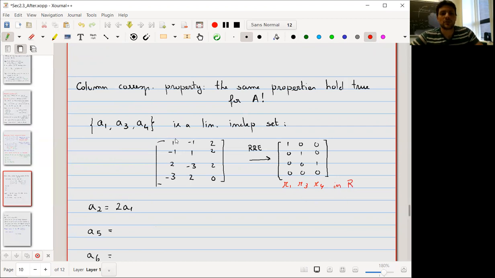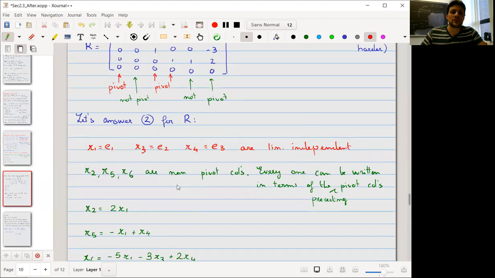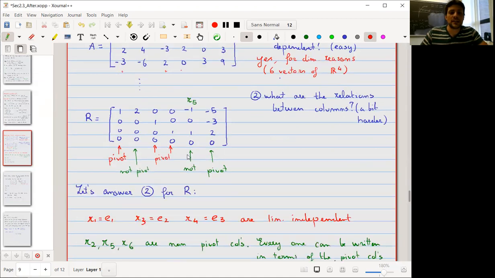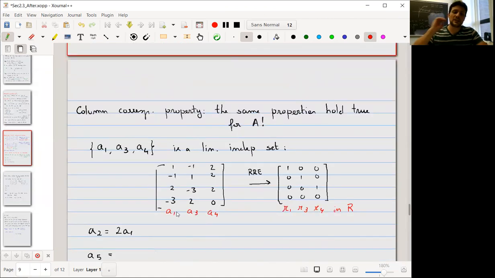The reason why this is true, we can check it immediately, is that if I cooked up a matrix that only had these 3 columns, those are the 3 columns coming from matrix A over here, 1, 2, and 3, then the same row operation would give me a reduced row echelon form that leads to the same 3 pivot columns in R. And that implies that the set that I started with was linearly independent because there's as many pivots as there are columns in here.